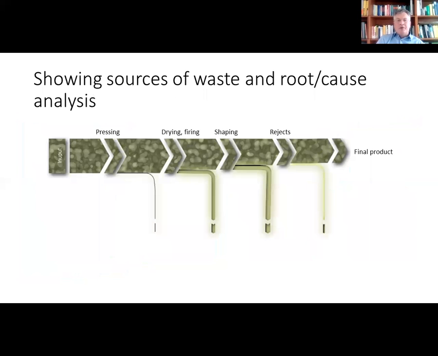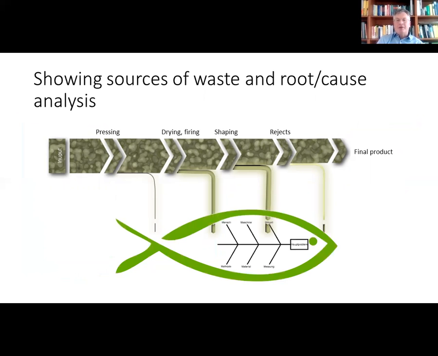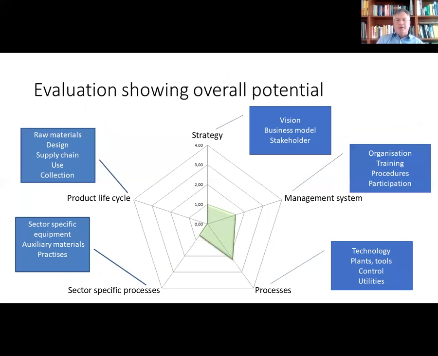This analysis is supported by showing material flows in Sankey diagrams, also clearly indicating where and how much waste is generated, and fishbone diagrams to analyze the root causes of waste and help in identifying options for improvement. This spider diagram shows the result of the evaluation of the questions, which is the overall potential of the respective case study company in terms of strategy, management system, processes, sector-specific processes, and product lifecycle.